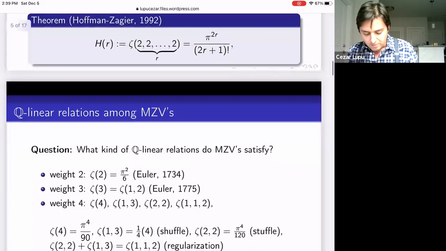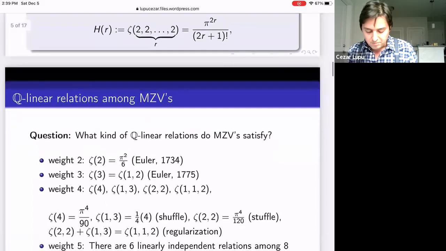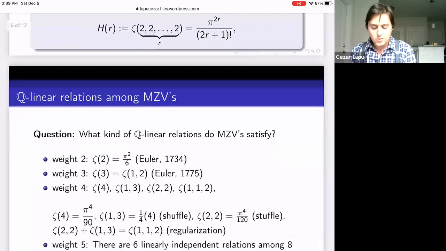Well, but in this case, by using the usual operations for multiple zeta values, such as the Stuffle product, the shuffle product, or even the regularization, we can express them. We know that zeta of 4 is pi to the 4th over 90. Zeta of 1, 3 is 1/4 of zeta of 4. This follows from the shuffle.